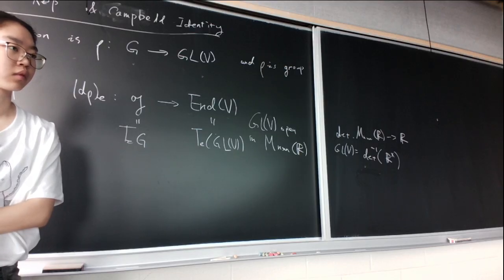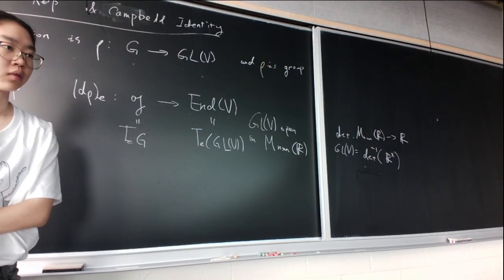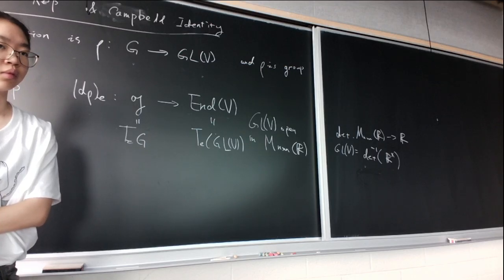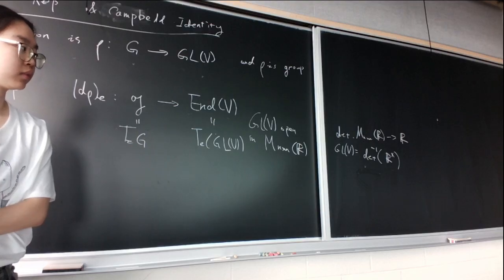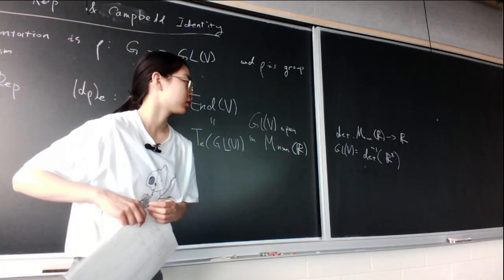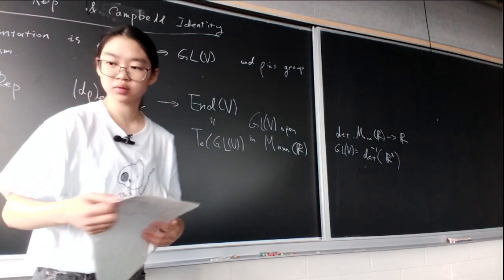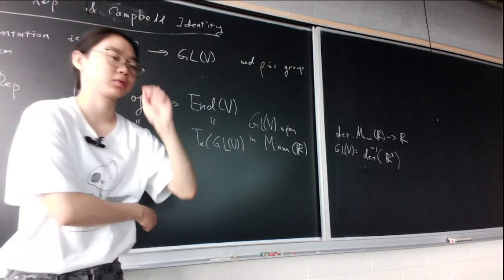If you think about the identity matrix, which entries can I change a little bit and I'll still be invertible? If I change any entry a sufficiently small amount, will the matrix stay invertible?